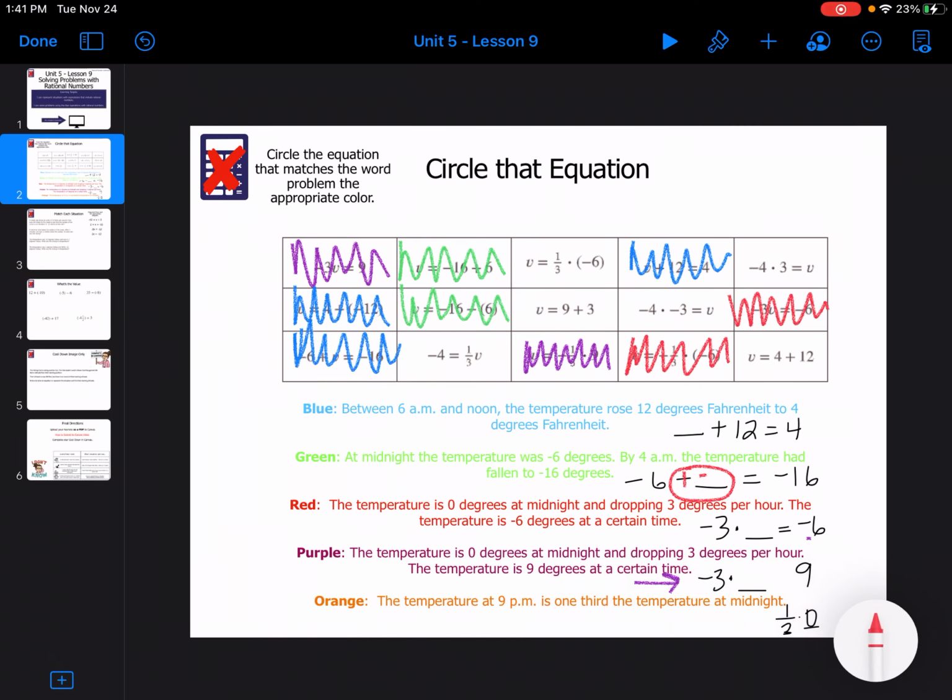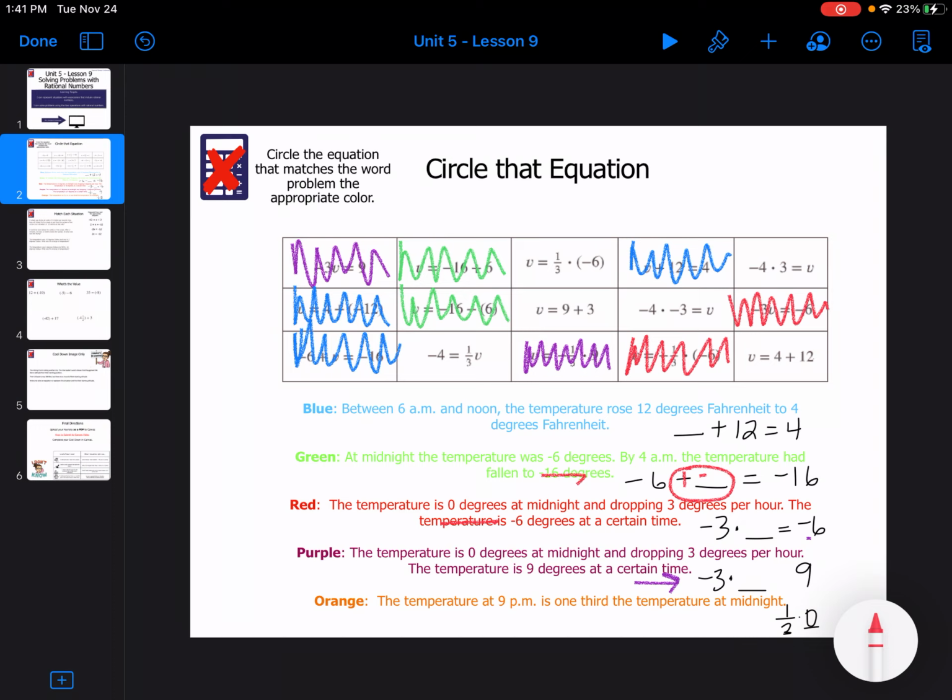And then 4 plus 12. Yeah, that one's not going to work. That one doesn't reverse. So I still don't have anything for orange. So I need to think, okay, what's happening here? So maybe it is 0 at midnight because all of these say 0 at midnight. No, it changes here, so that's not.